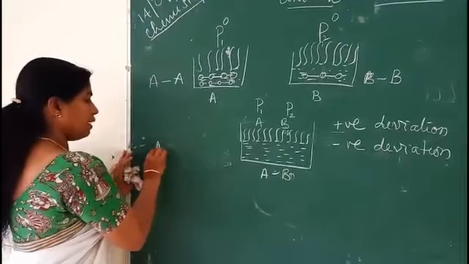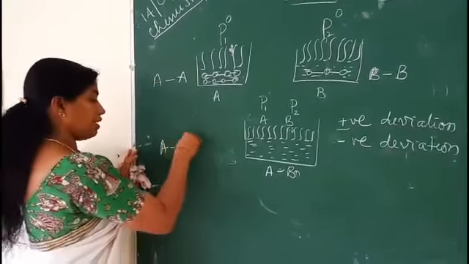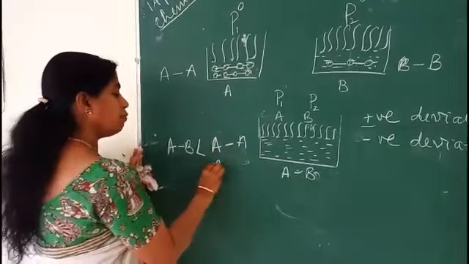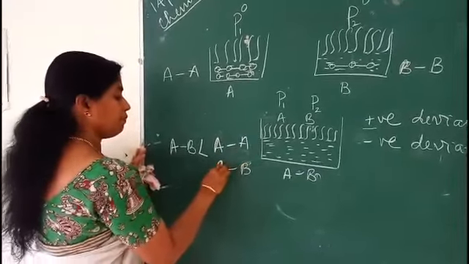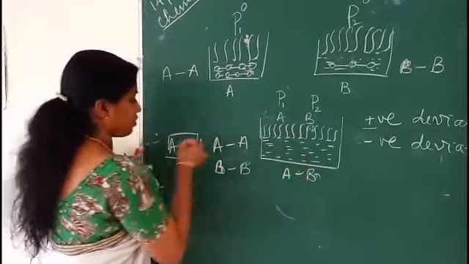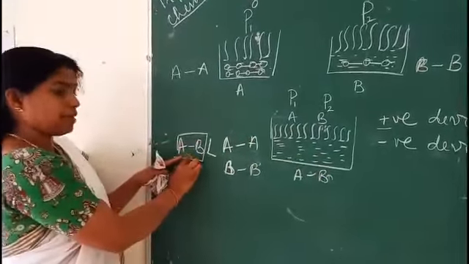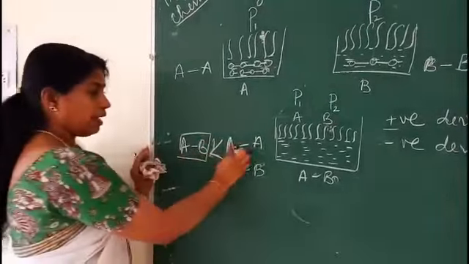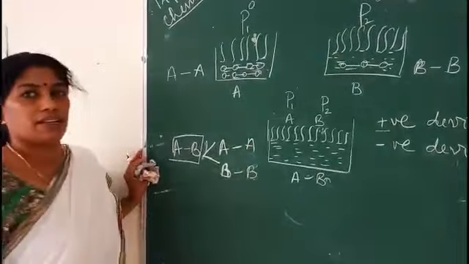Now suppose the AB interaction inside the solution is less than the AA interaction and BB interaction.